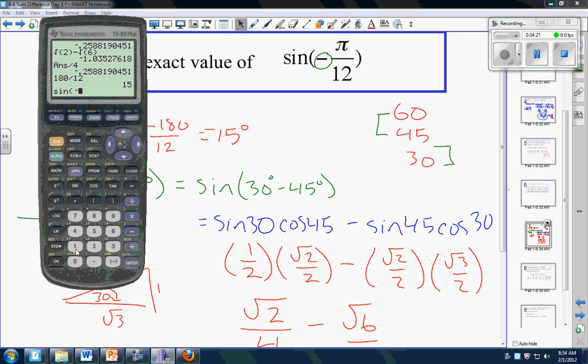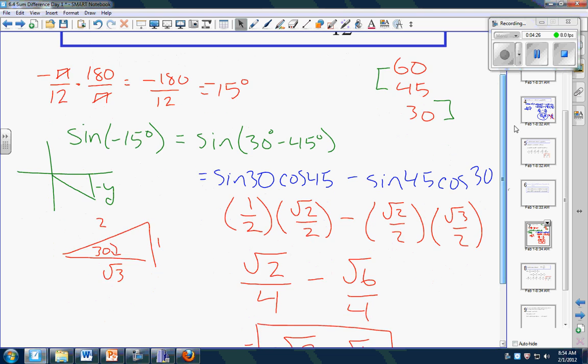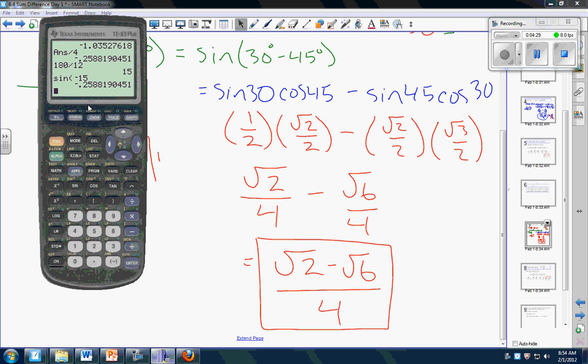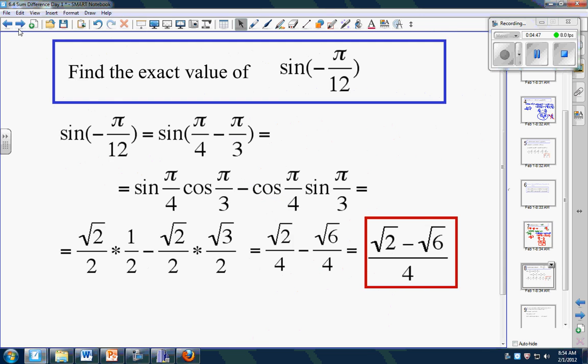So I'm going to say sine of negative 15 degrees, negative 0.2588. That's that same answer we got last time. And you can check that again. Square root of 2 minus square root of 6, divide that whole thing by 4. And there you go. So you'll see a lot of similar answers with these. Okay, there's the book writing up doing the exact same thing we did. Just notice they had these guys switched, but it didn't change anything. Or we had those guys switched, but it didn't change anything at all.